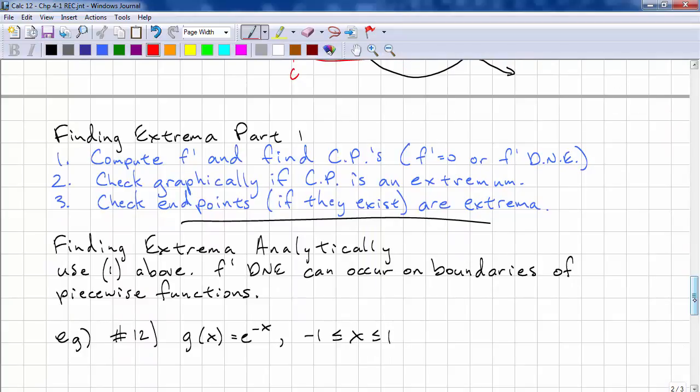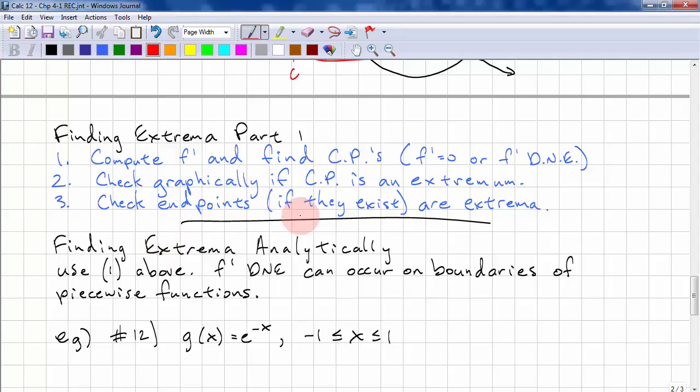Okay, finding extrema part 1, and we're going to do this algebraically. We need to compute the derivative and find the critical points. And the critical points are where the derivative is 0 or does not exist. Then check graphically if the critical point is an extremum.